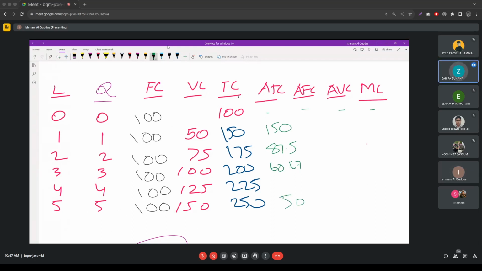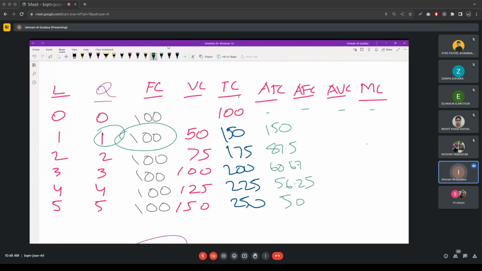Sir, 56.25. Anyway, so you solve it this way. Average fixed cost is what? Simply divide the fixed cost by the quantity level. Variable expense is the same approach.